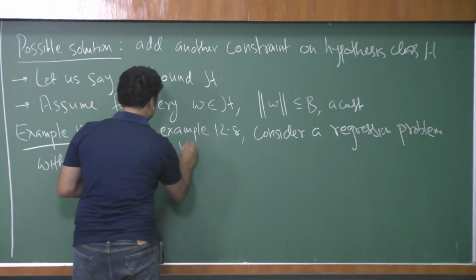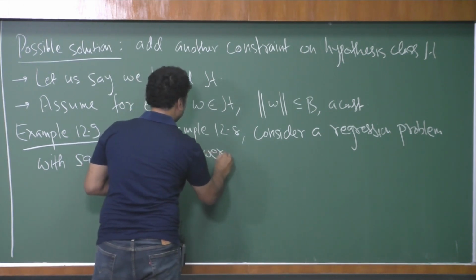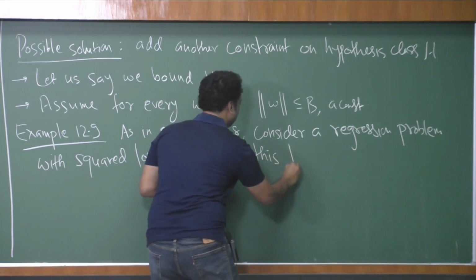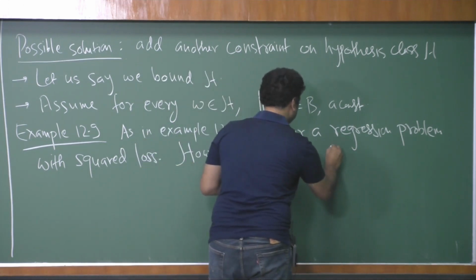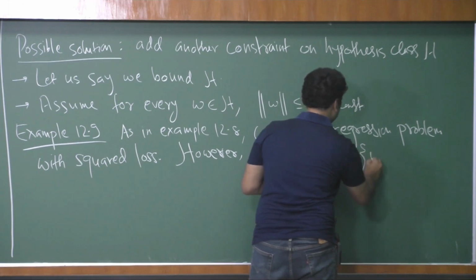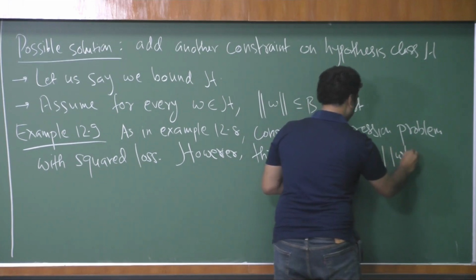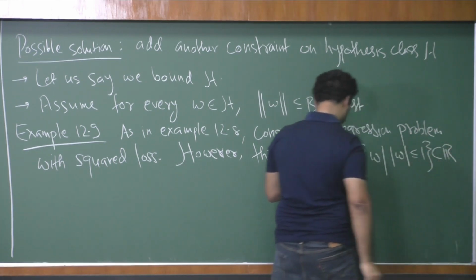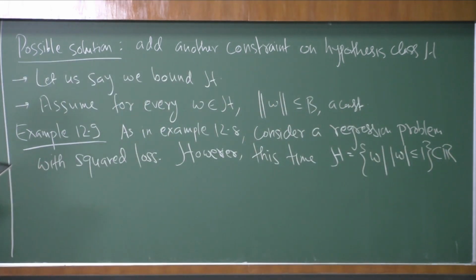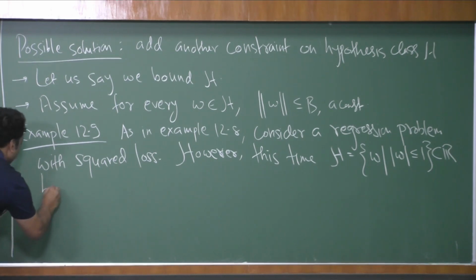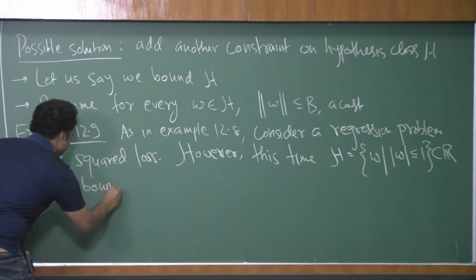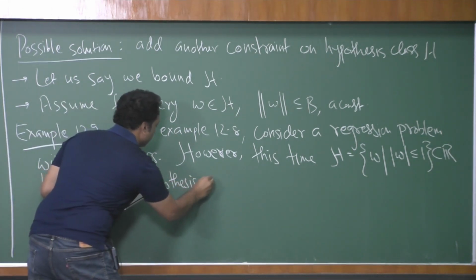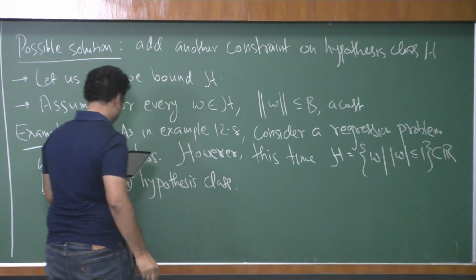However, this time we let H be the set of W such that the norm of W is less than or equal to 1, a bounded hypothesis class.